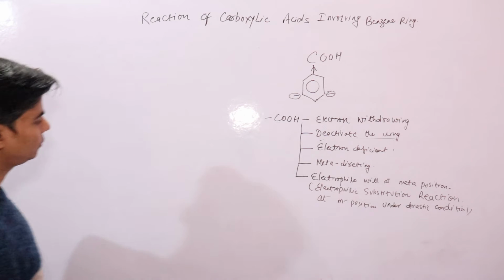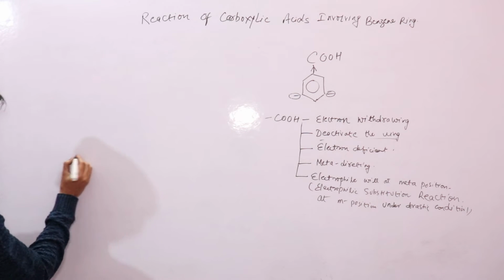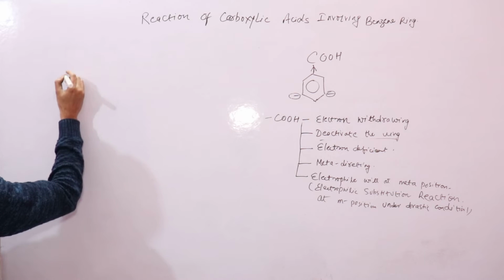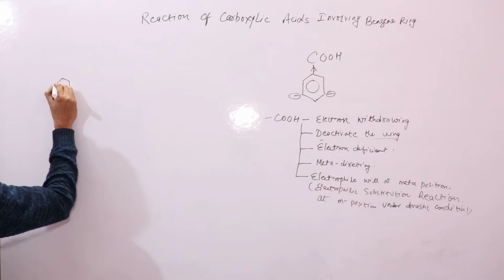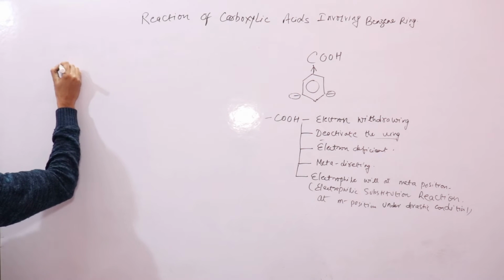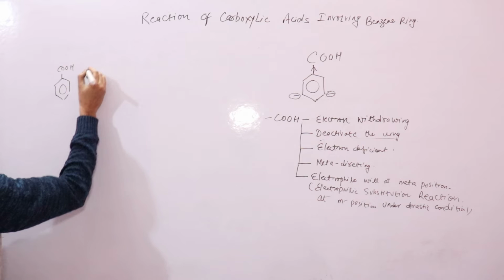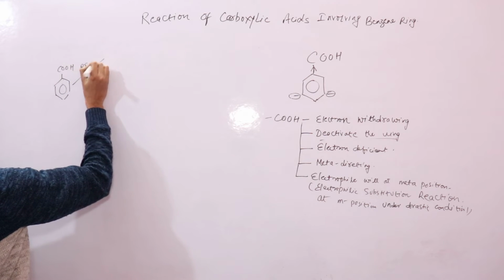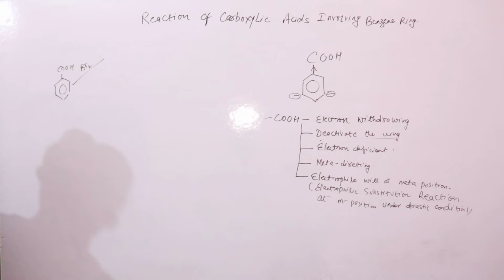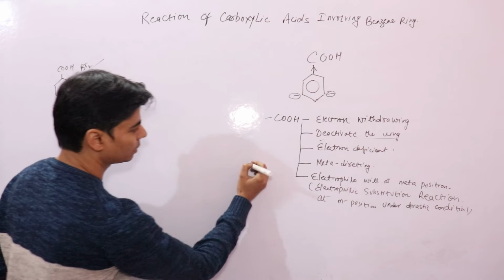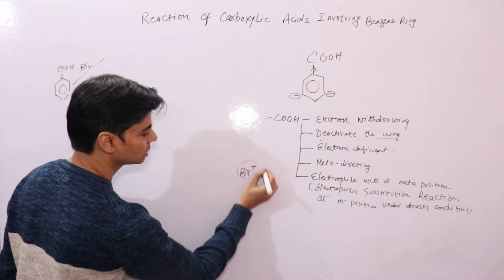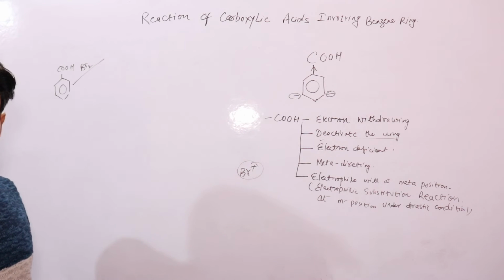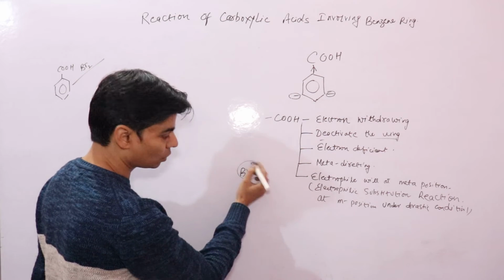So let's look at some of the reactions. Let's first look at bromination. When bromination takes place, you have the bromonium ion, since this is the electrophile, right? This is electron loving.